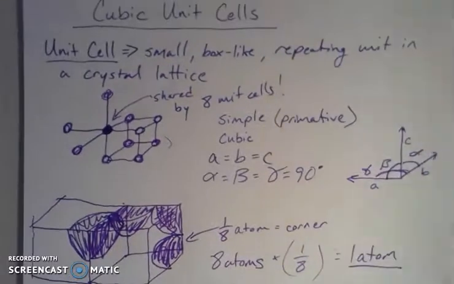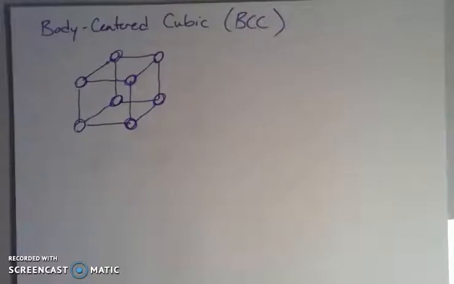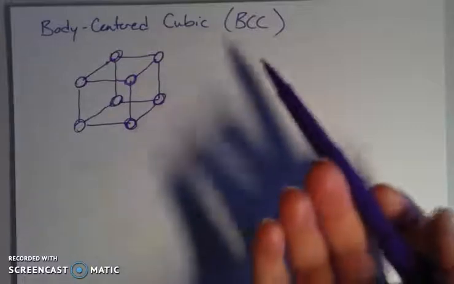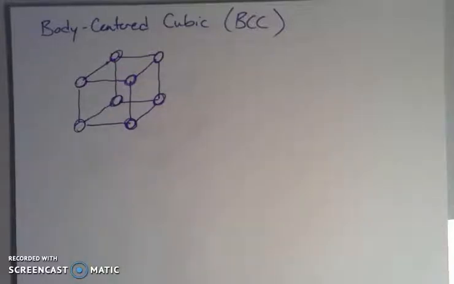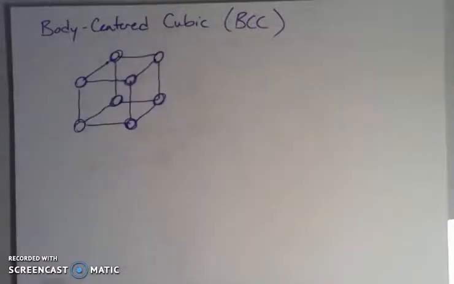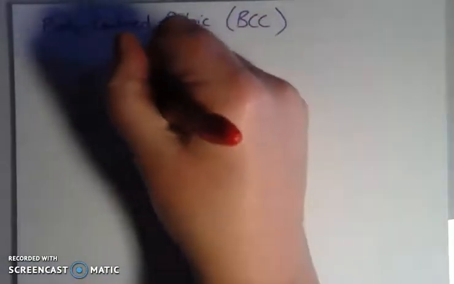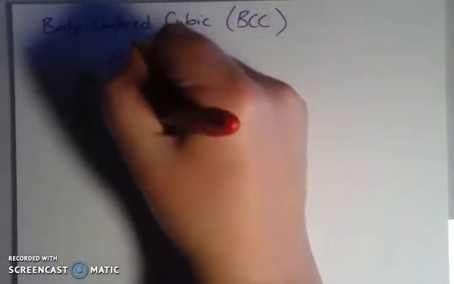All right, there's our simple cubic unit cell or primitive unit cell. The next of our cubic unit cells is called body-centered cubic, and sometimes they use the acronym BCC for it. So body-centered cubic. So we start off with a simple primitive unit cell, and at the center of it is a complete whole atom.